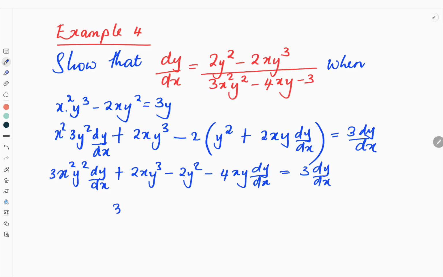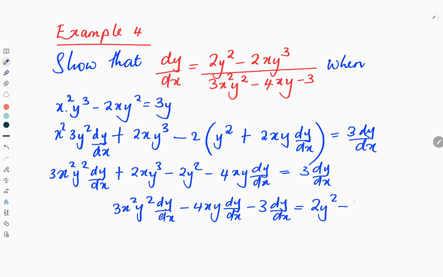Then we have 3x squared y squared dy/dx minus 4xy dy/dx minus 3 dy/dx is equal to, then we move all the other terms that don't have a dy/dx, and that will be 2y squared minus 2xy cubed.